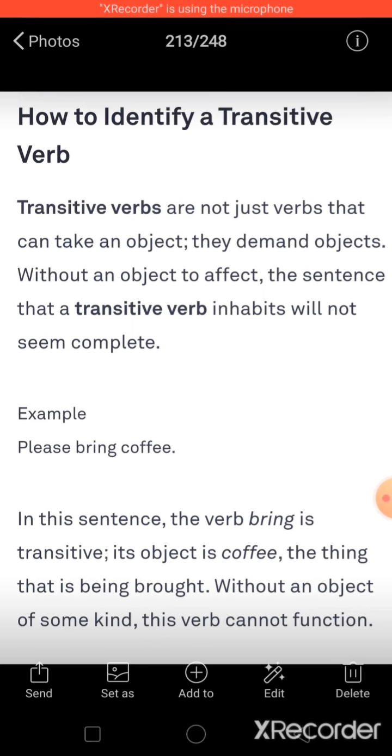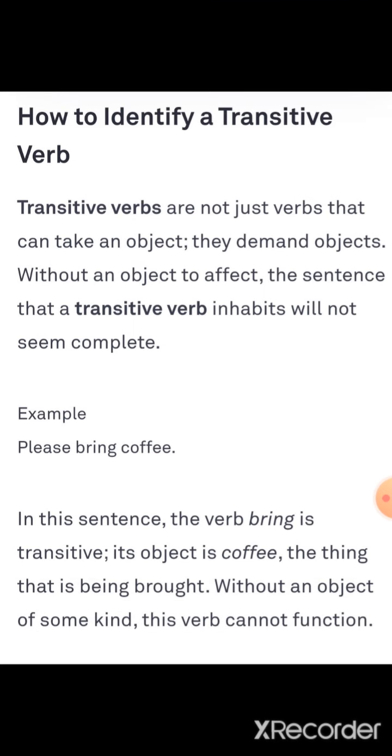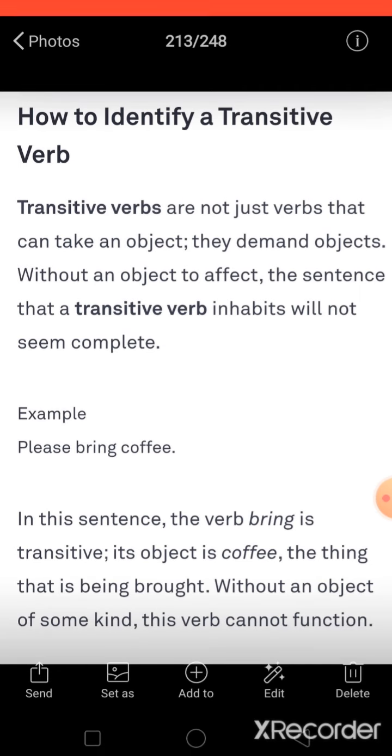So that means the sentences in which transitive verbs are present need an object. Without that object, that sentence is incomplete without any meaning. If you only mention please bring, that sentence has no meaning unless and until there is an object. Okay, so in this sentence, the verb bring is transitive.